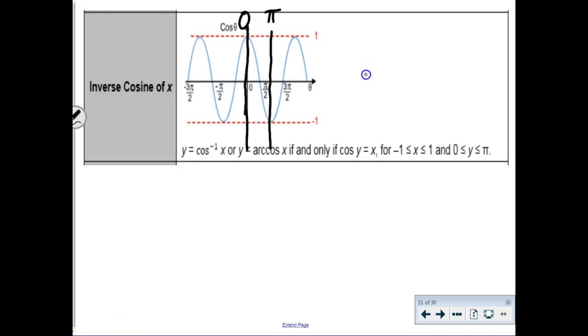So the domain and range will flip-flop, which means I'm supposed to graph it. Here we go. So the domain on the original cosine graph was 0 to pi. That means the range is now 0 to pi. I don't know why I'm putting a weird axis in the middle, but I did.